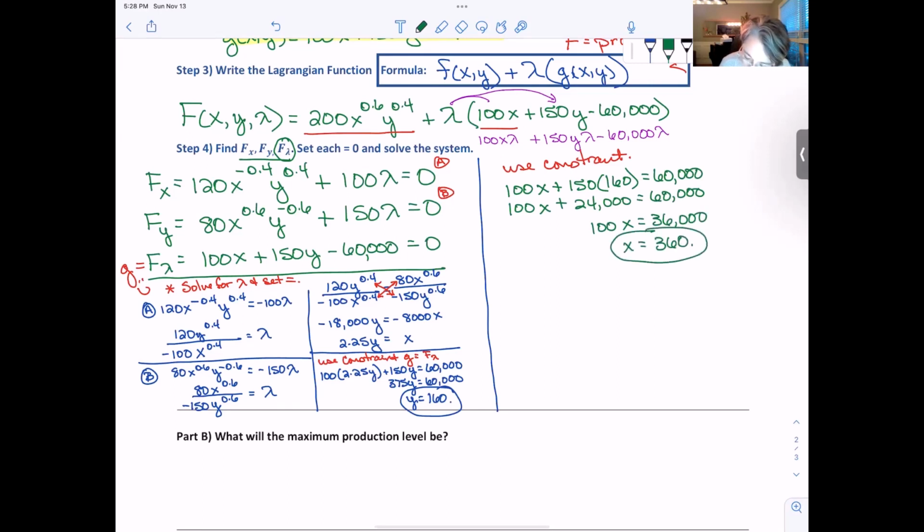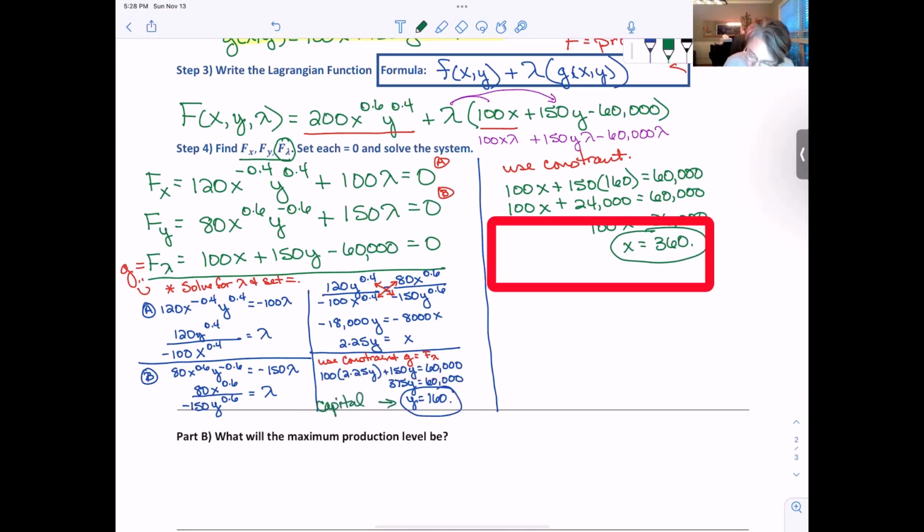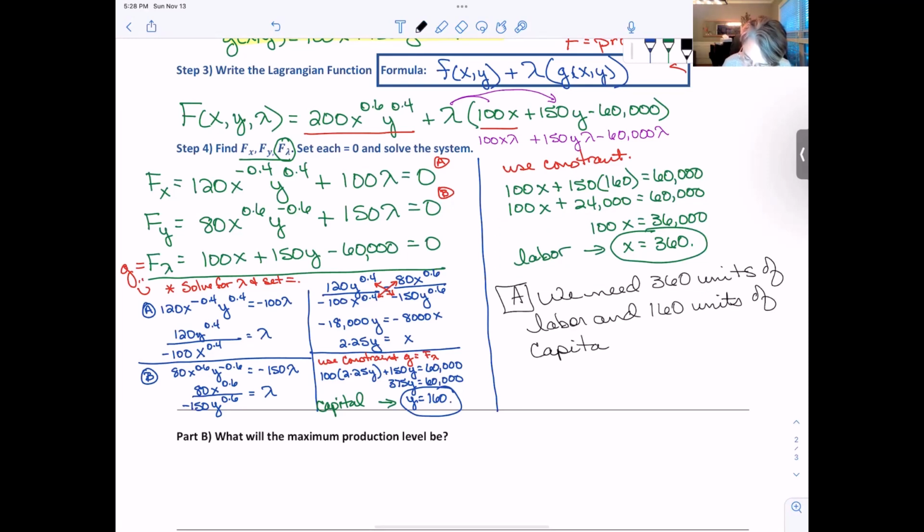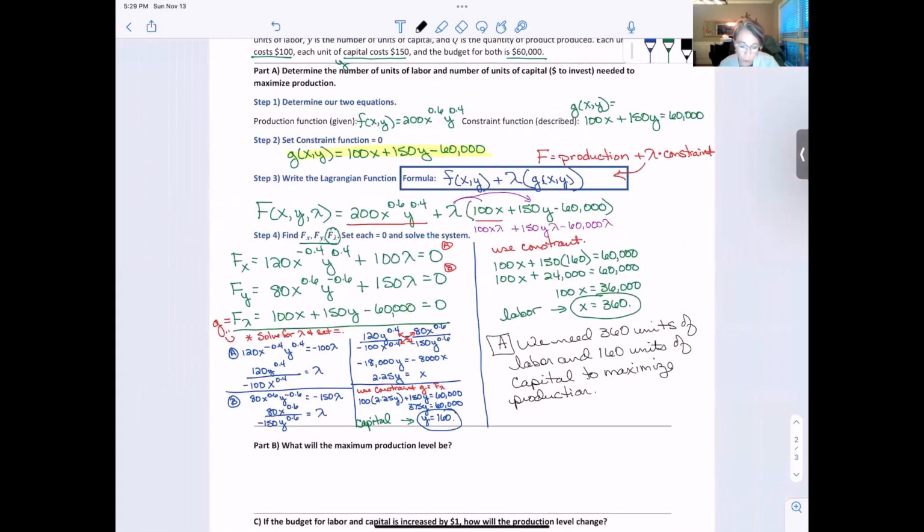And then we found our x to be 360. This is our capital. And this was our labor. So we have our answer to part A. So we need 360 units of labor and 160 units of capital to maximize our production. And I believe that's what part A was asking.